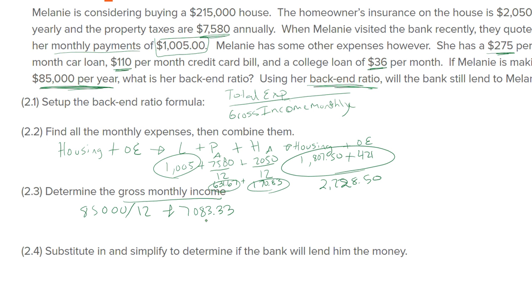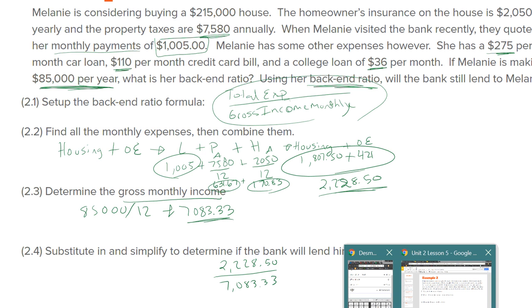All right, and finally, we're going to plug both of these numbers into our back-end ratio. So we have $2,228.50 divided by $7,083.33. Let's see what we get.